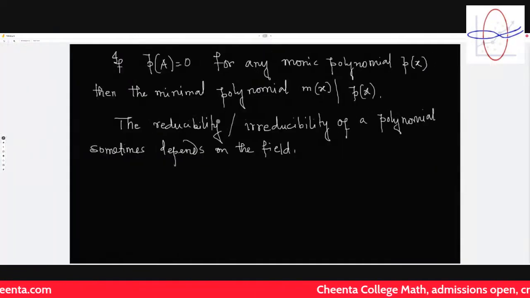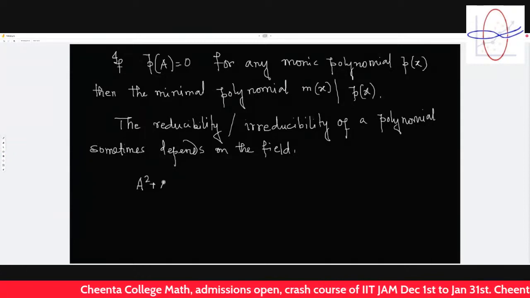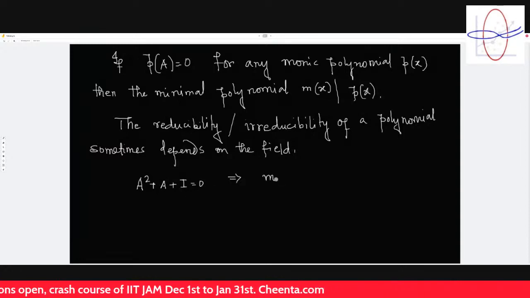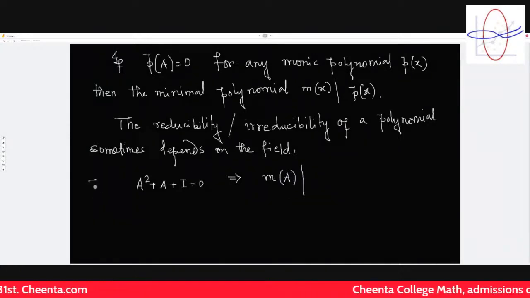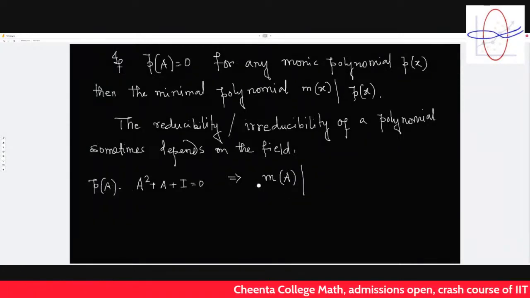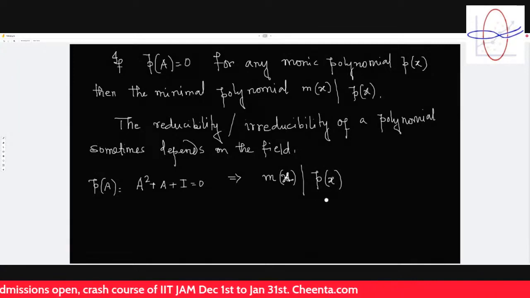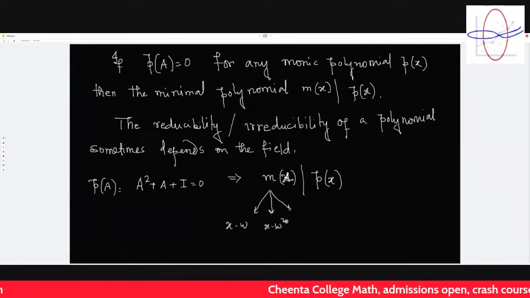Now the fact is that since A square plus A plus I is equal to 0, this implies the minimal polynomial of the same matrix divides this, let's say, P of x. So the minimal polynomial has three options: either x minus omega, or x minus omega square, or P of x itself, right?